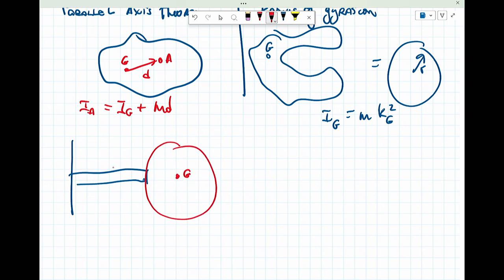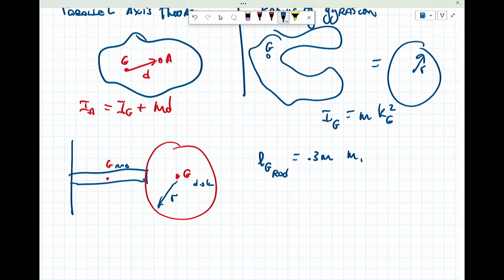The other thing that you often have are composite bodies. So say, for example, I have a long slender rod attached to a disc. And so they're cantilevered together, and they're attached to a wall. And I have r of the disk, I have G of the disk, I have G of the rod. So let's say that L_G of the rod is equal to 0.3 meters.